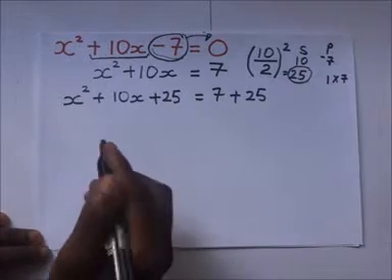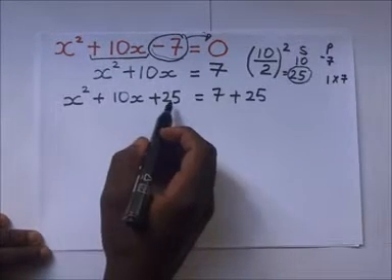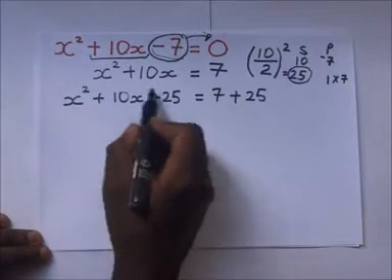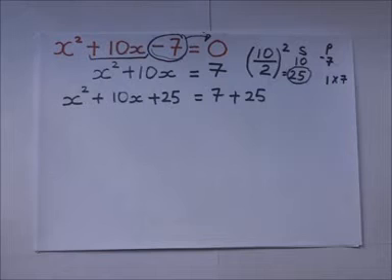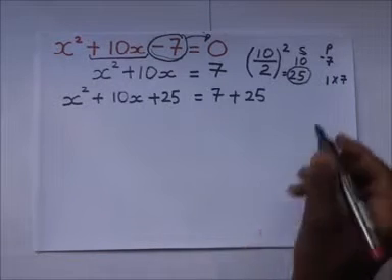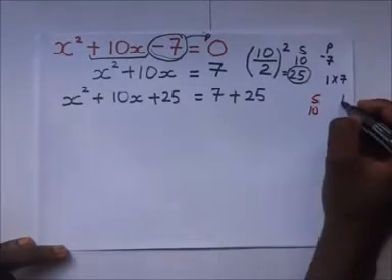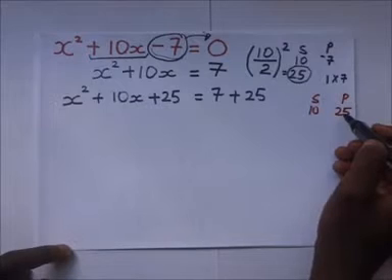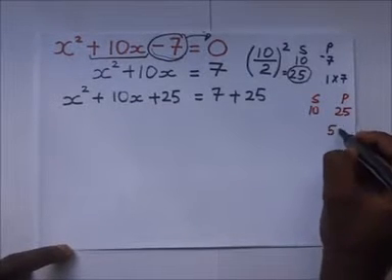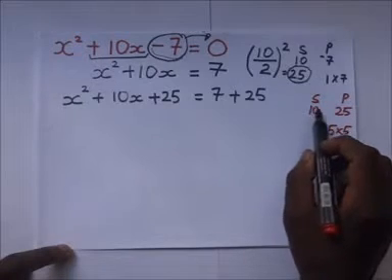And then we realize that in factorizing this expression, we need to look for two numbers giving us a sum of 10 and a product of 25. And of course the two numbers here are 5 times 5, because 5 times 5 is 25. 5 plus 5 is 10.